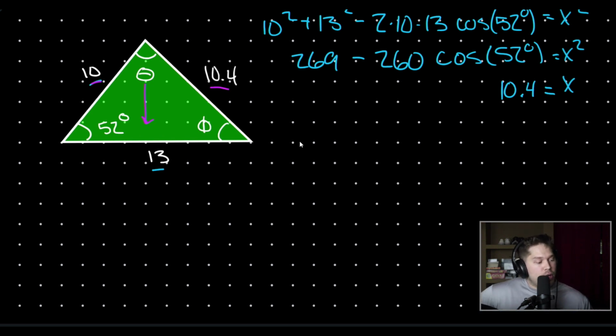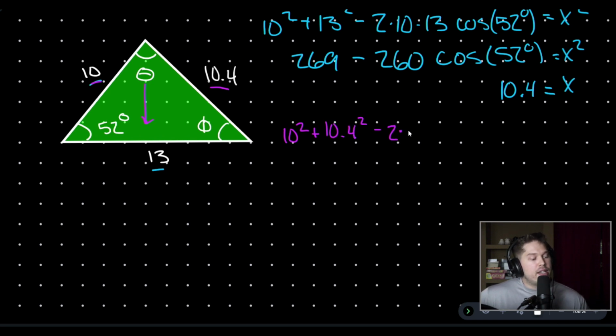Okay, so we have 10 squared plus 10.4 squared minus 2 times 10 times 10.4 times cosine of theta is equal to our c squared, which is 13 squared.